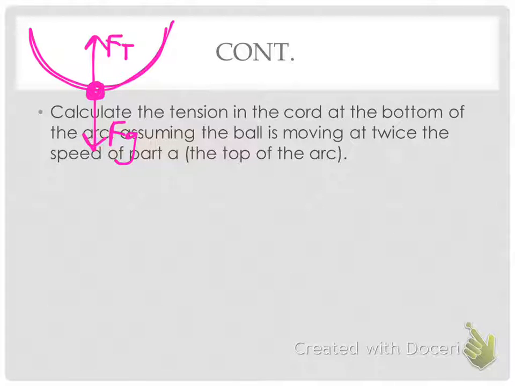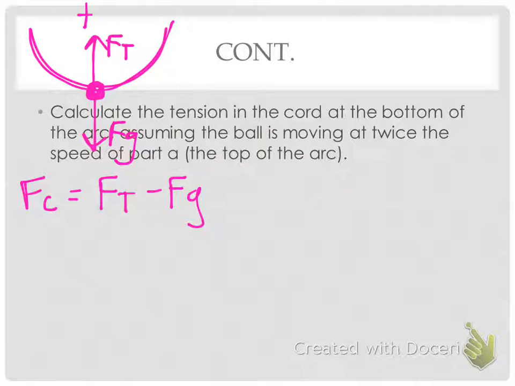So when we set up our net force or centripetal force equation, we take tension minus gravity. Tension is going in the positive direction because it's toward the center of the circle, and gravity is always downward, away from the center, so it's negative.